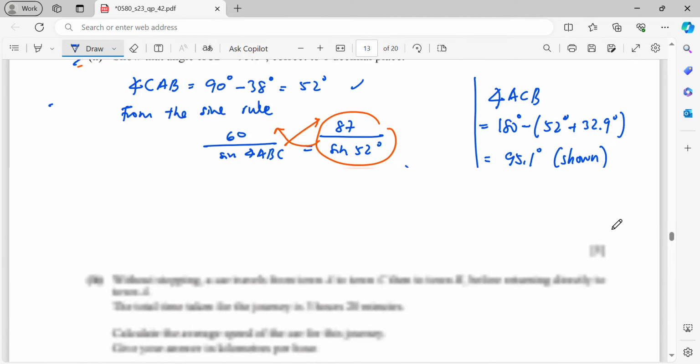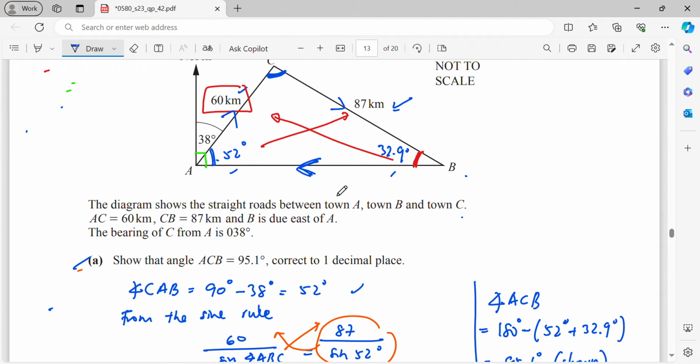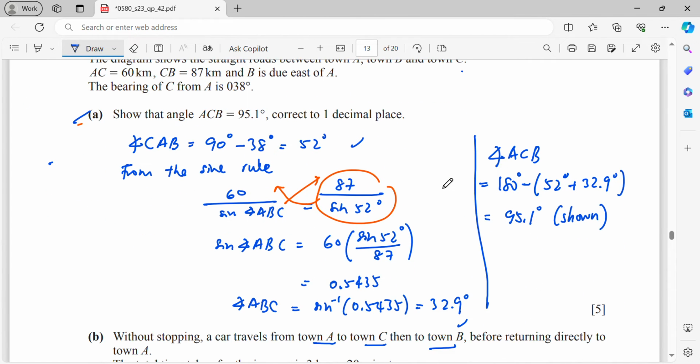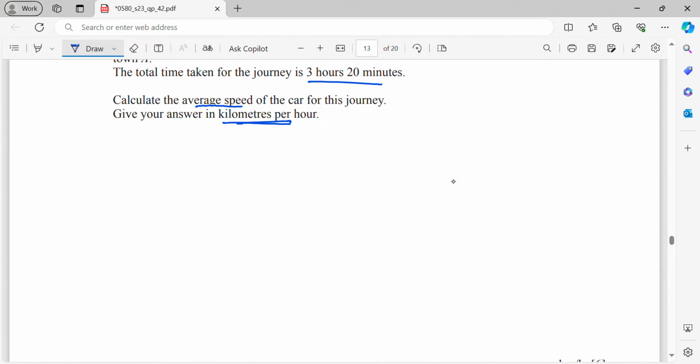So now here I will just write AB over sine angle ABC equals to 87 over sine 52. So you can use any two sides as long as you find the AB. So I will write here AB over sine 95.1 degrees equals to 87 over sine 52 degrees.